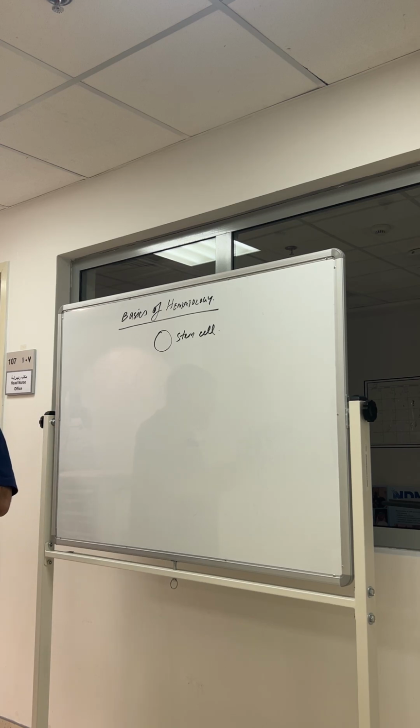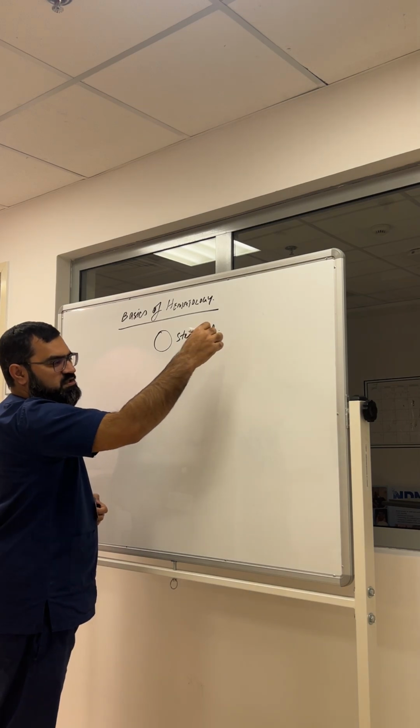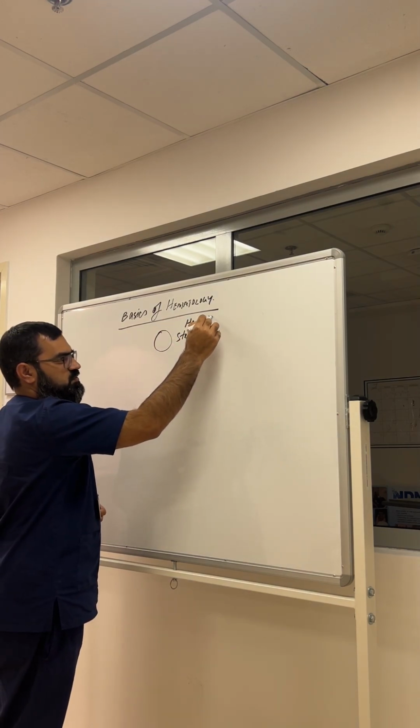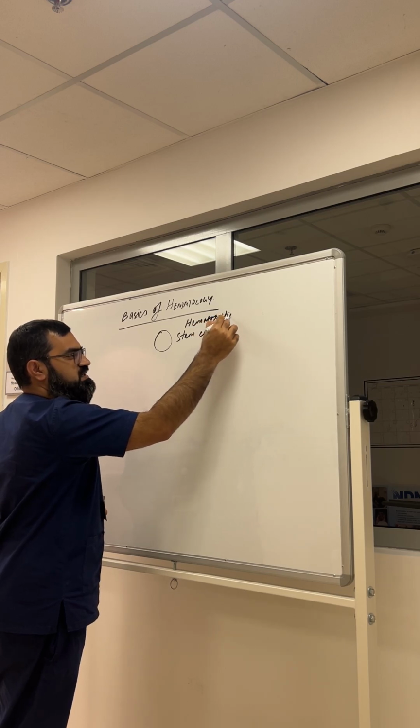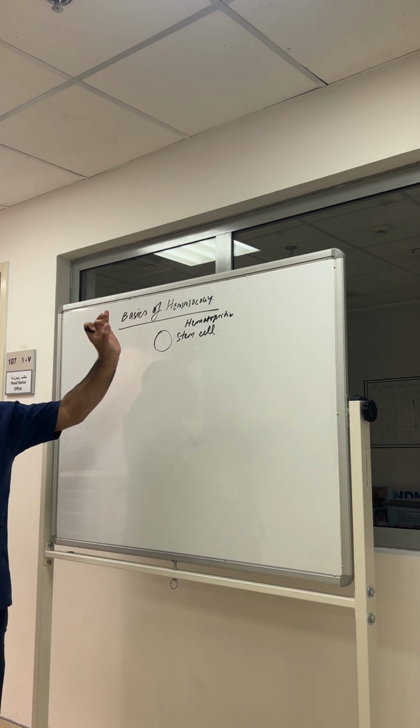So your skin has its stem cell, your blood has its stem cell, your neurological system has its stem cell. So the stem cell from which all your blood lineage is formed is called the hematopoietic stem cell. Your red blood cells, your platelets, your WBCs, all are formed from this one cell.